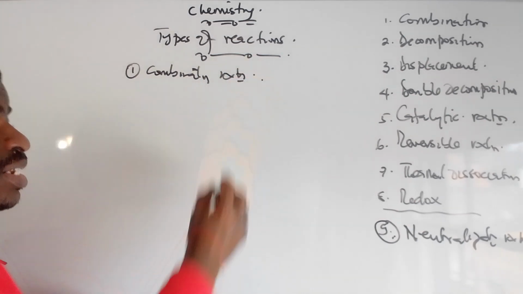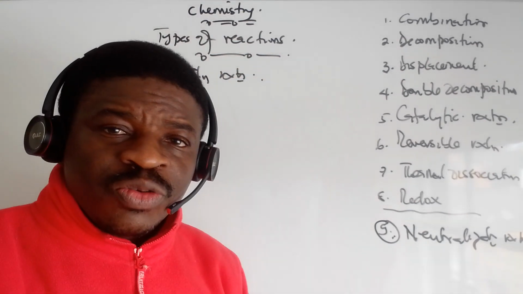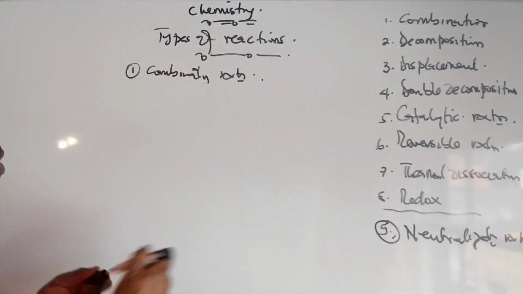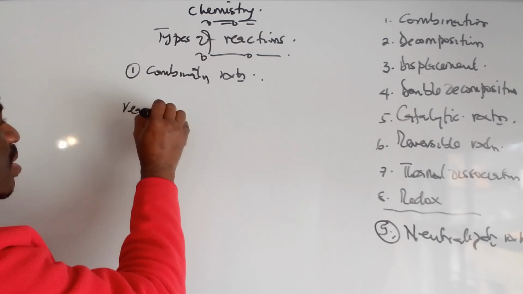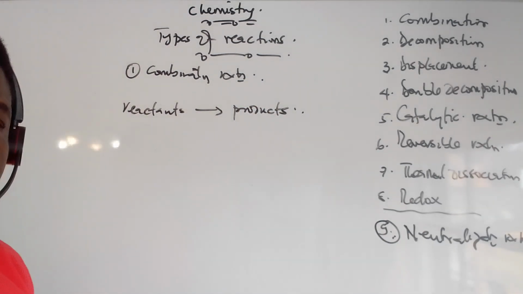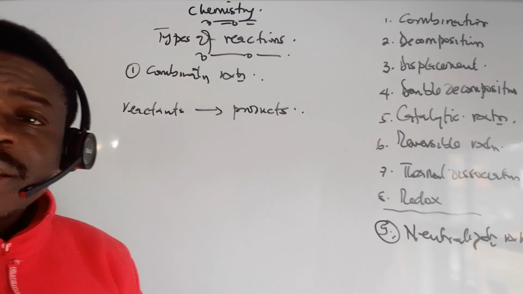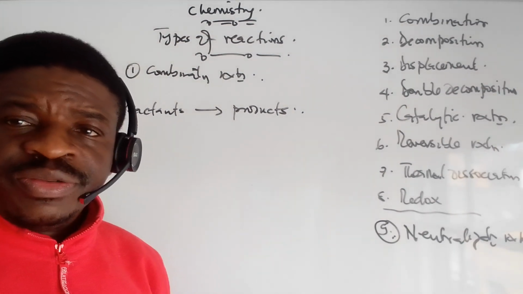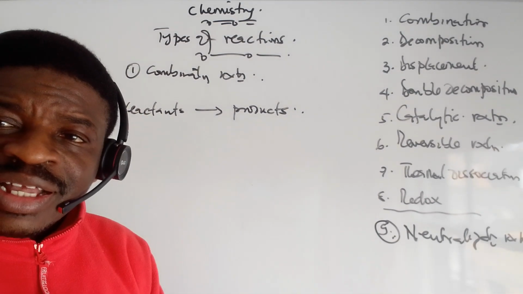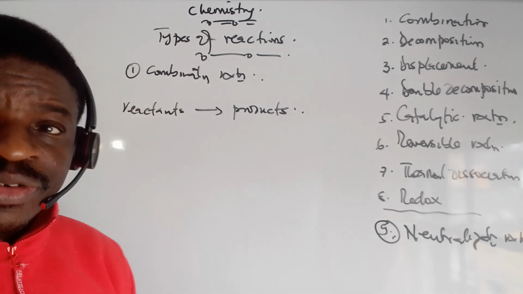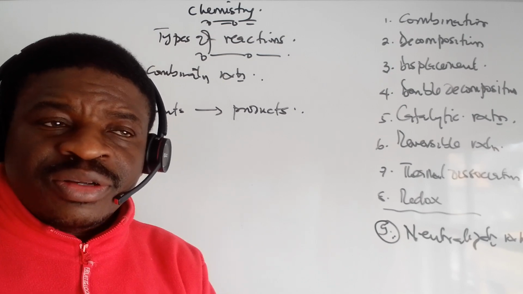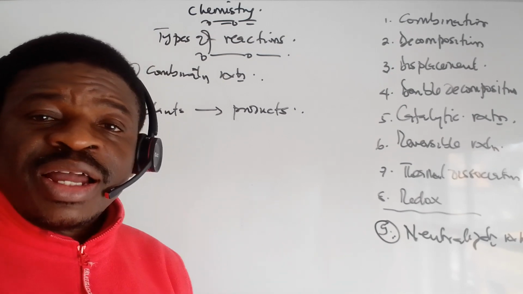Combination reaction. Because you must know how to identify this type of reaction, in combination reaction the reactants give one product. This is a chemical change, not a physical change, and that is one of the differences between physical and chemical change.